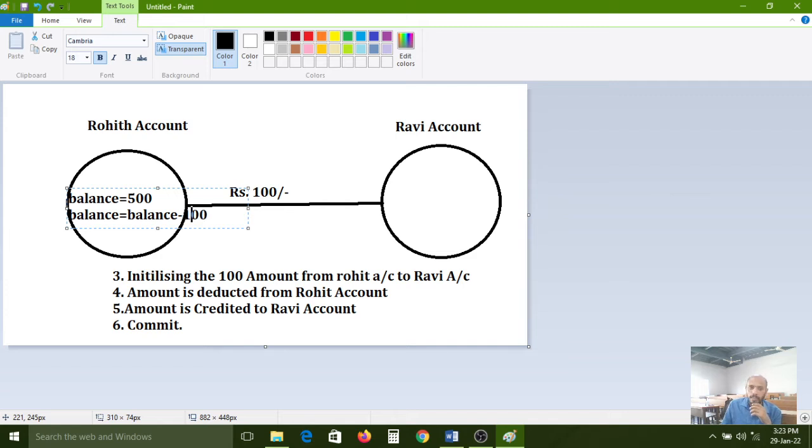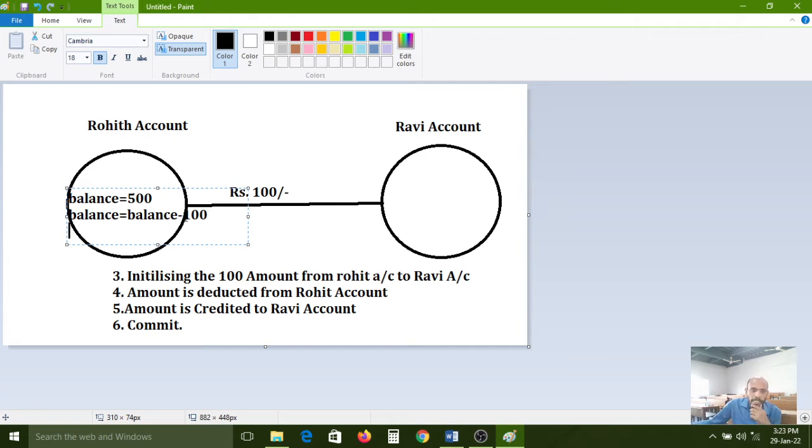Sorry, here 100 rupees they are transferring. The old balance is 500. 500 minus 100 equals 400. So 400 first you need to write here.